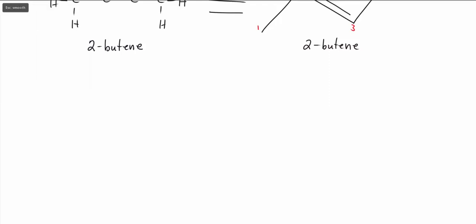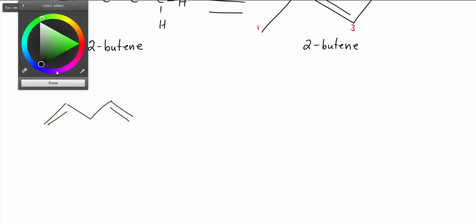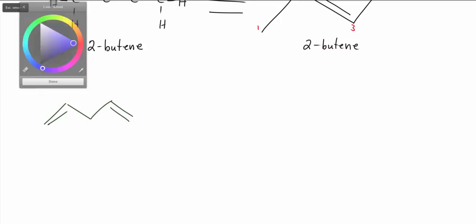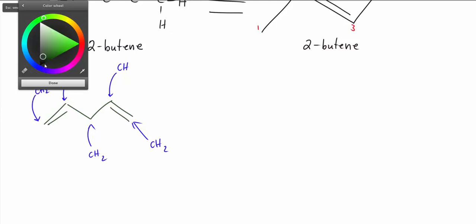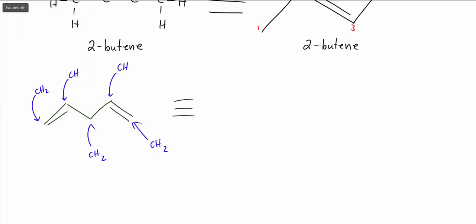So if you're given this structure, you recognize that this is a CH2, this is a CH, this is a CH2, this is a CH, and this is a CH2. We recognize it, and we can write out the expanded structure.